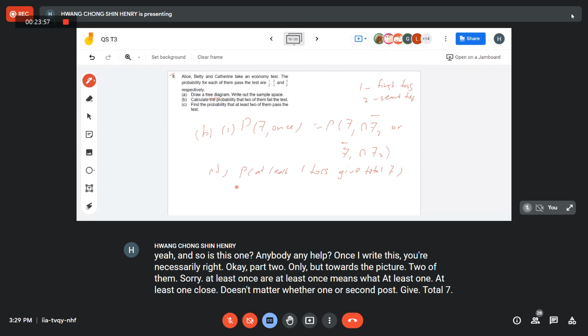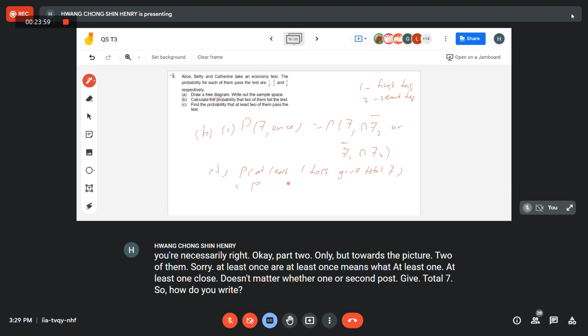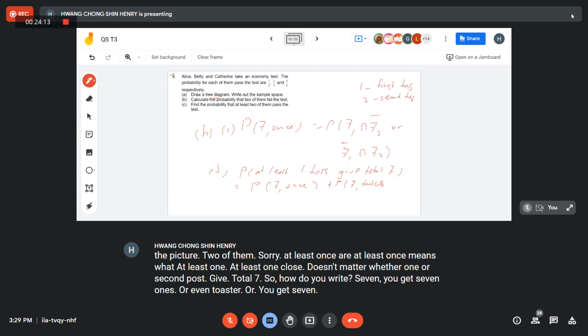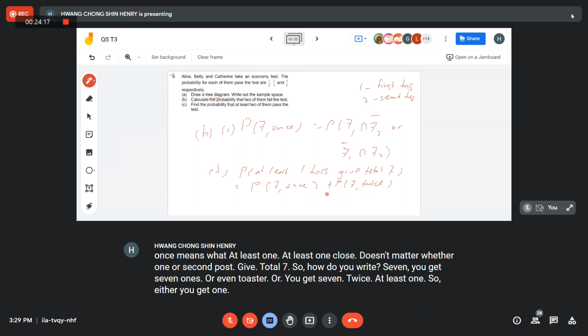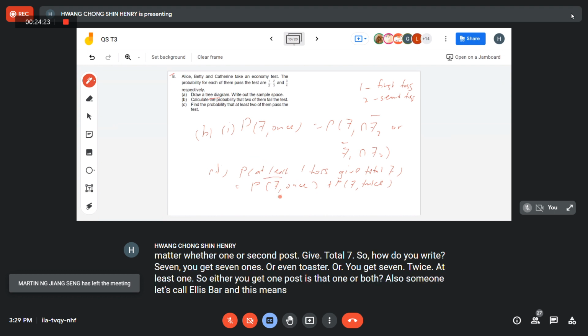So how do you write? You get 7 once, only one toss, or you get 7 twice. So either you get one toss as 7 or both also 7. At least means minimum. One toss or both tosses also can get 7.